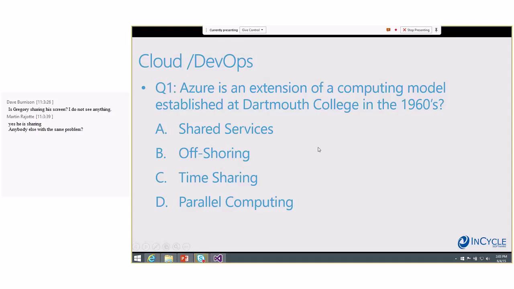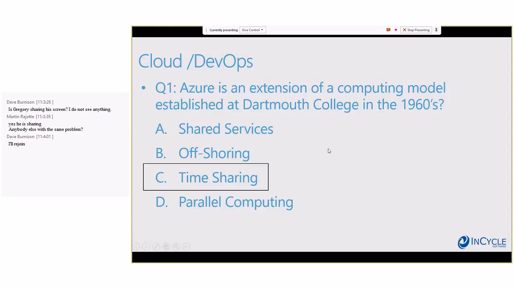So today the first question is, Azure is an extension of a computing model established at Dartmouth College in the 1960s. Is that A, shared services, B, offshoring, C, time sharing, or D, parallel computing? The answer is time sharing.